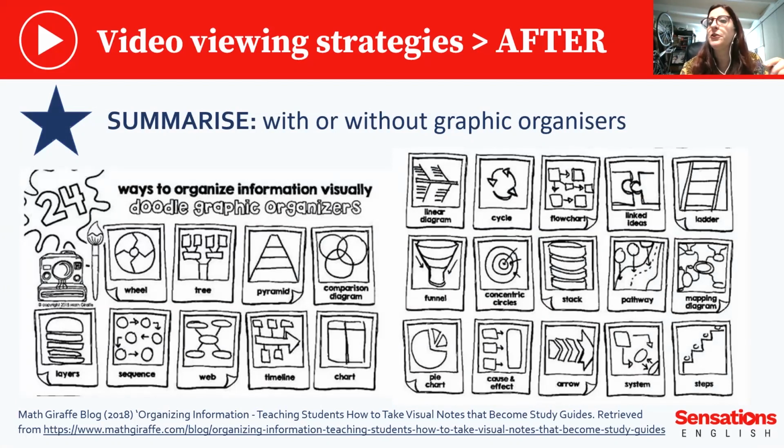If students are not familiar with summarizing, using a graphic organizer will give them some structure, okay? So this is an image that shows the immense variety of graphic organizers that you have, all right? Summarizing is good for identifying key concepts and language, all right? So summarizing is our first strategy.